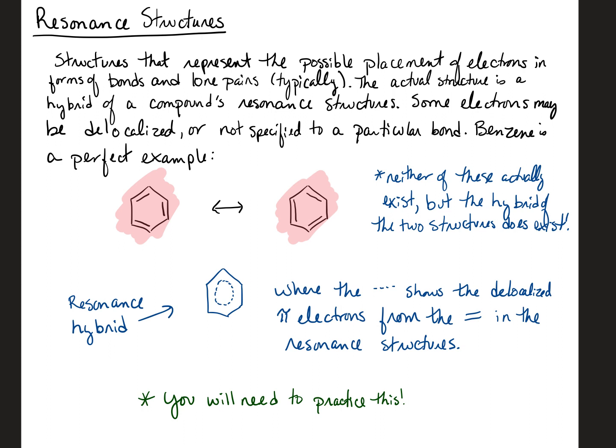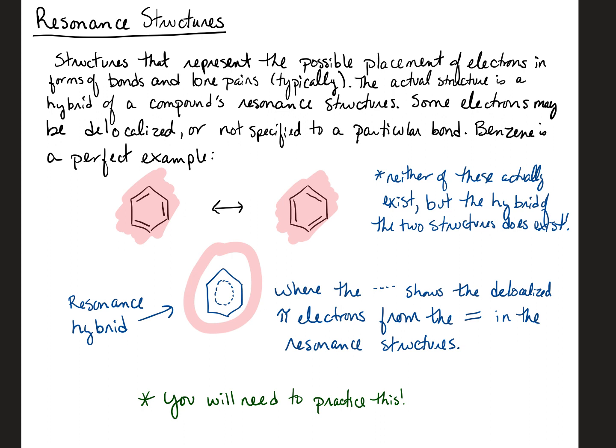The reason is that we can draw 2 resonance structures of this, and what actually exists is a mixture of the 2 of them. Instead of putting double bonds around the inside of that ring, we denote that there are delocalized pi electrons, and we do that by showing a little dashed line.